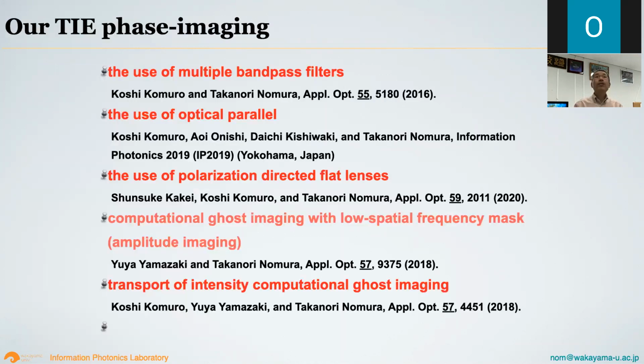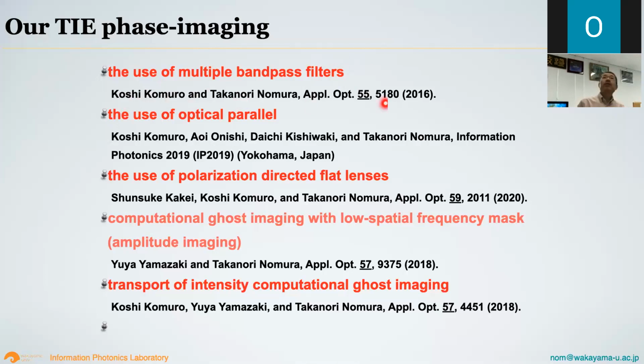So from now, I will show you some techniques of our achievement. Today, I will introduce 4 kinds of approaches to mechanical scanless TIE phase imaging. We don't have to move the image sensor. So the first one is the use of multiple bandpass filters.